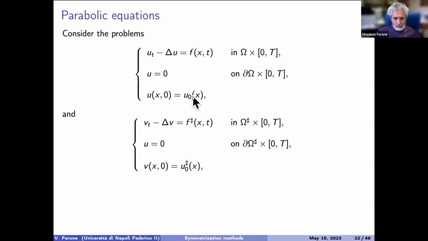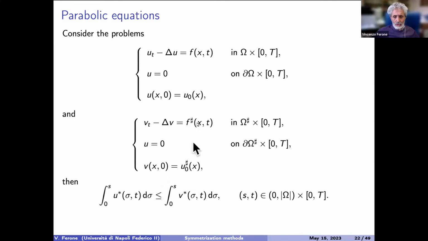And also the initial datum is rearranged in a decreasing way. So, for parabolic equations, we have a result which is similar to the previous one: the integral between 0 and s of u star of sigma, t d sigma is less or equal than the integral between 0 and s of v star of sigma, t d sigma.